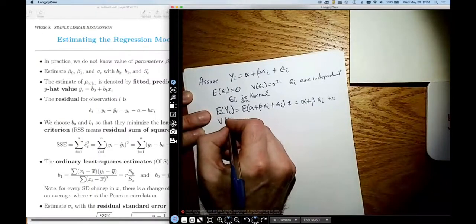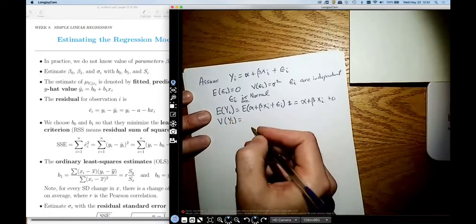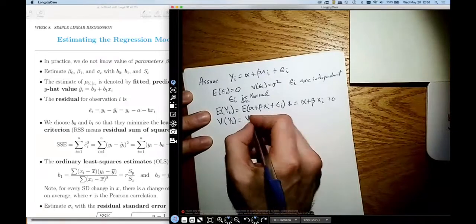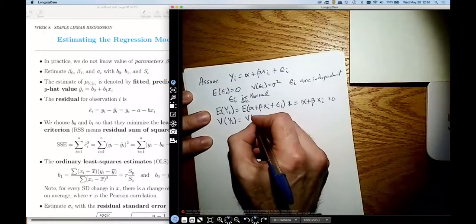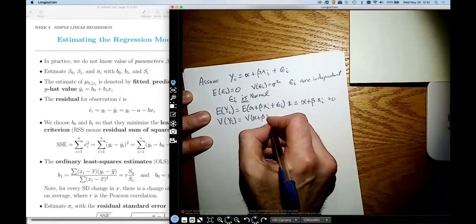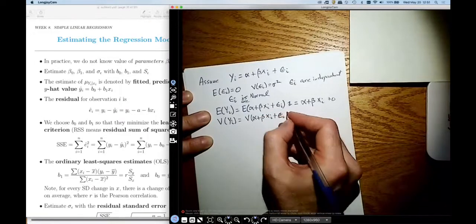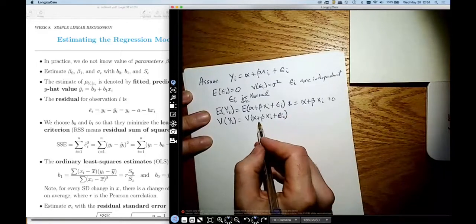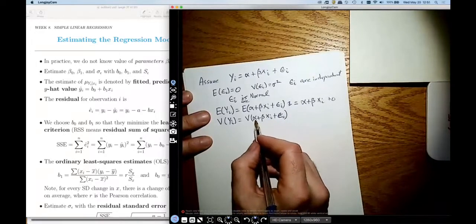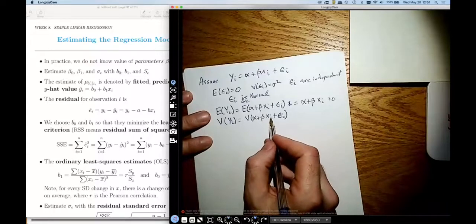Likewise, the variance of y sub i is equal to the following. So it's going to be the variance of alpha plus beta x sub i plus our errors. Now, make that an epsilon, not an e. Think of this as a constant. Alpha is a constant, beta is a constant, so is x sub i.